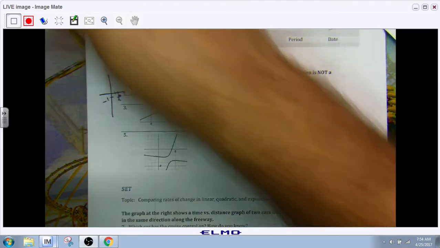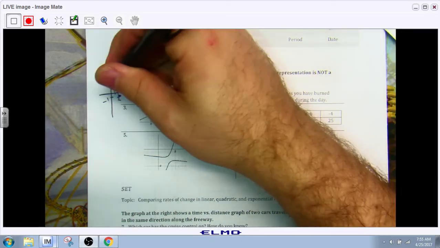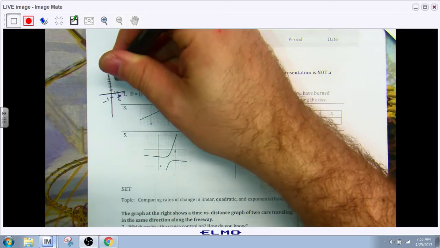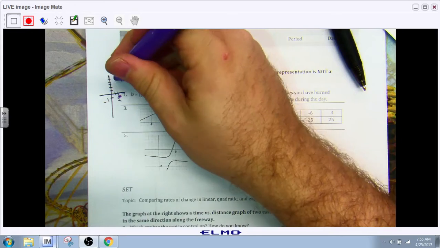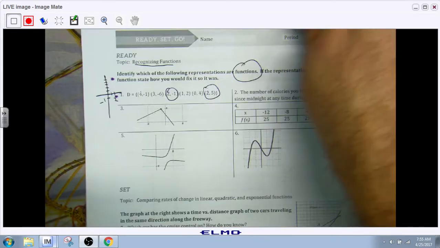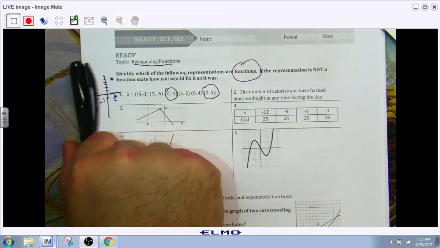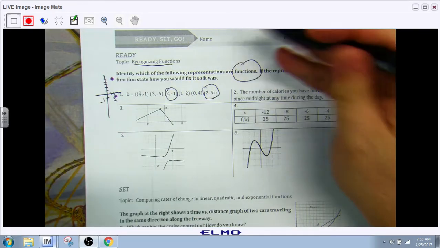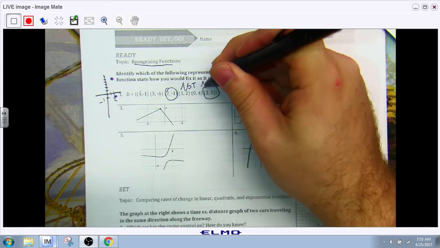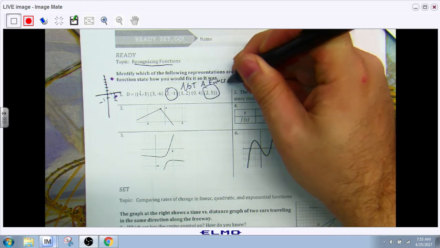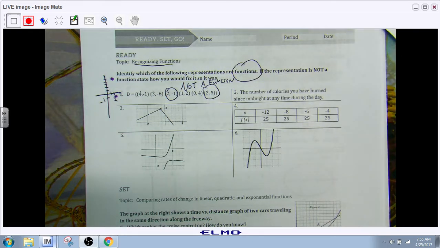But also at 2, 5, so 1, 2, 3, 4, 5, we would have a point right here. And because 2 is at both negative 1 and 5, it would fail the vertical line test. So we would say this is not a function. And you can do that for all of these.